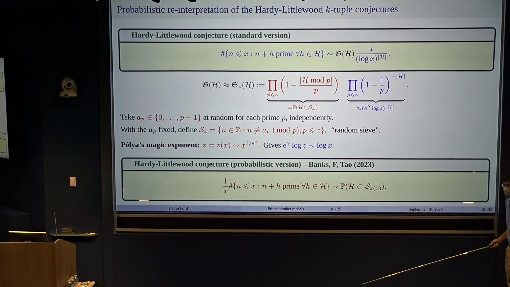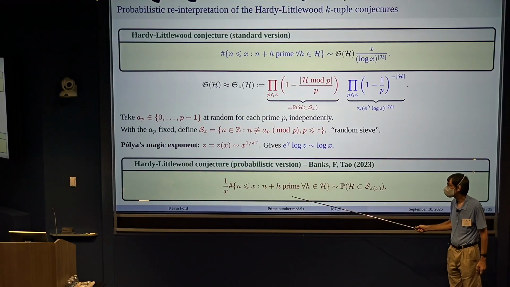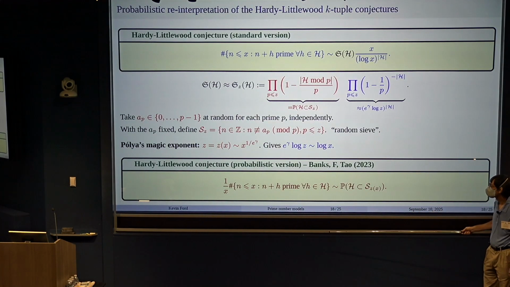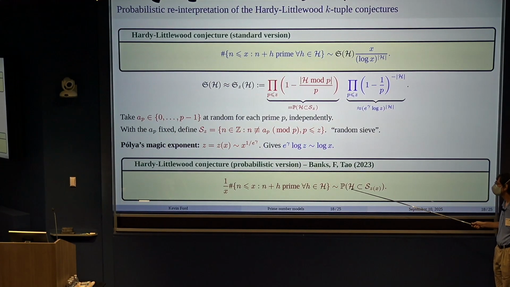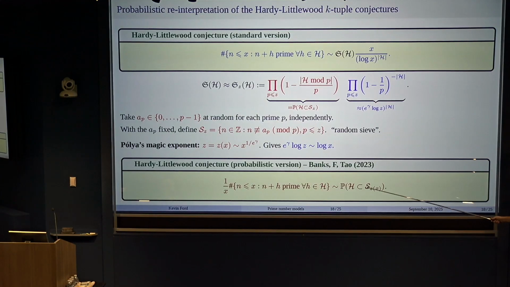What we're left with is a version of the Hardy-Littlewood conjecture for counting k-tuples of primes that says this is asymptotic to, now I've divided by x, so that's the proportion of integers with that property, the probability that H lies in S_z(x), where z(x) is now given here. The advantage of this is that there's no complicated Euler product anymore. That has disappeared.